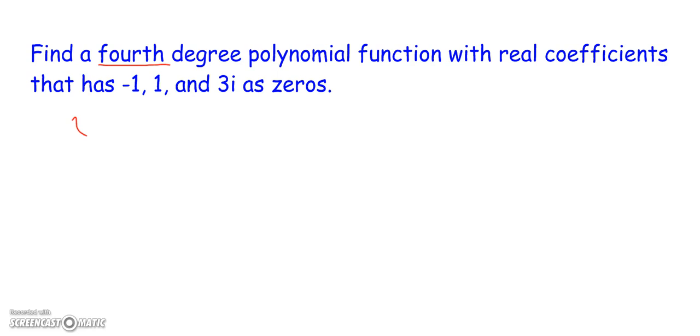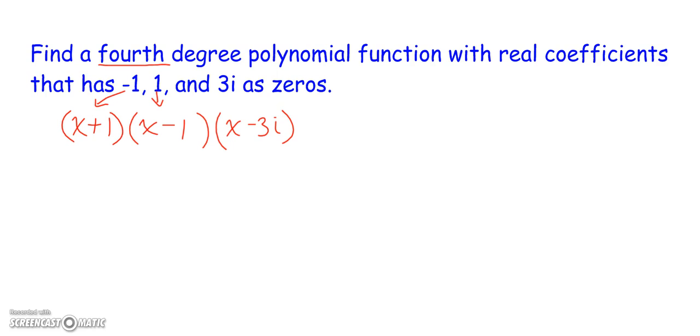Well, x plus 1 is the factor that leads you to negative 1 as a 0. X minus 1 is the factor that leads to 1 as a 0. Great, this works out well. We have x minus 3i, which is a factor that leads to 3i as a 0.